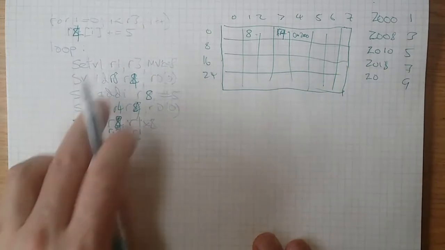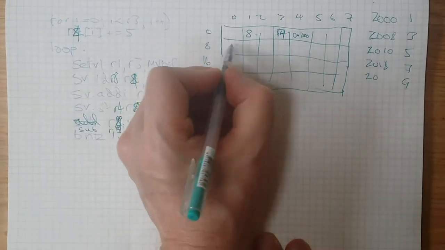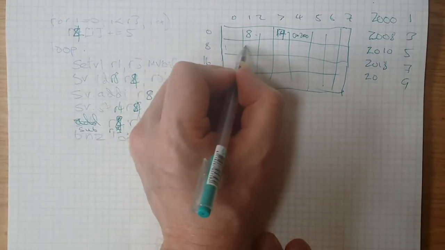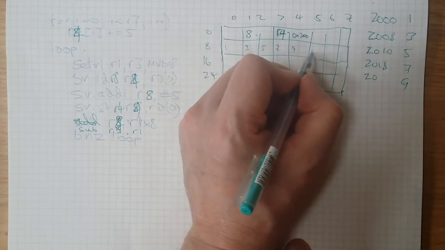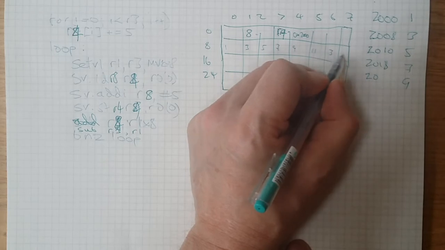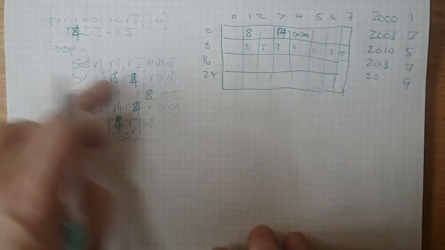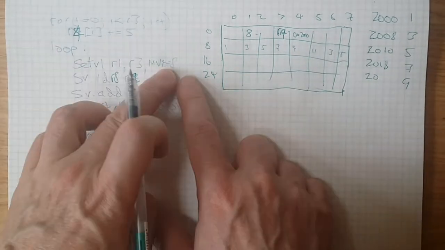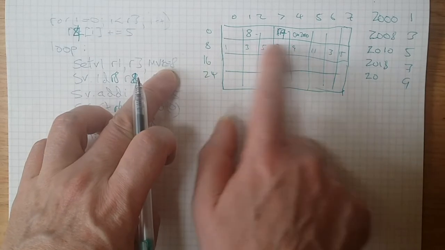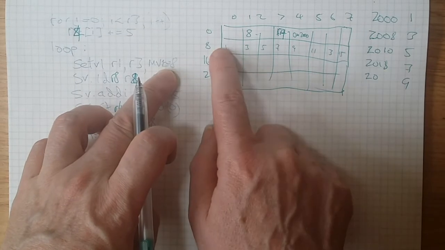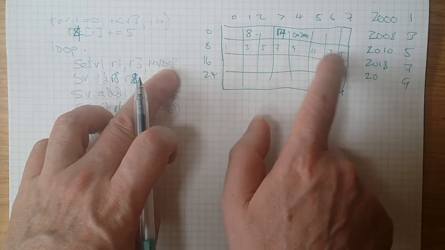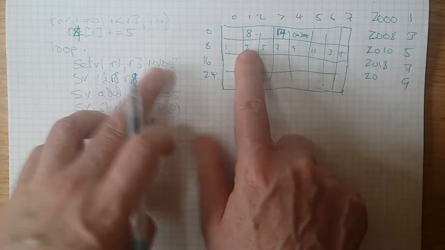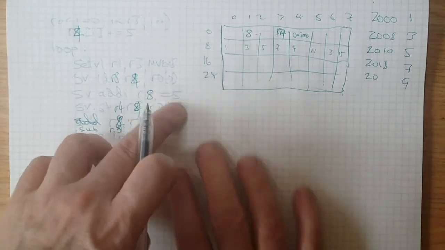When you execute this load instruction, you end up here with the values 1, 3, 5, 7, 9, 11, 13, 15. So 8 values get loaded into the register file in registers R8, R9, R10, R11, 12, 13, 14, 15.